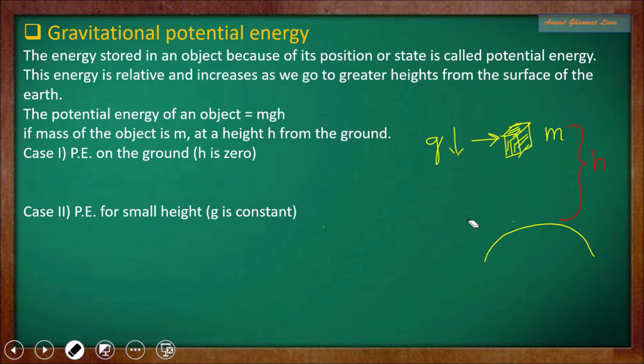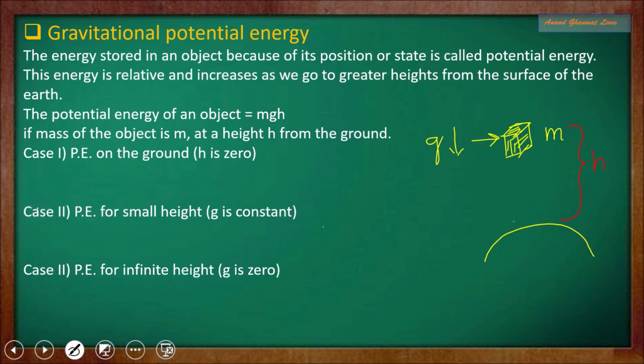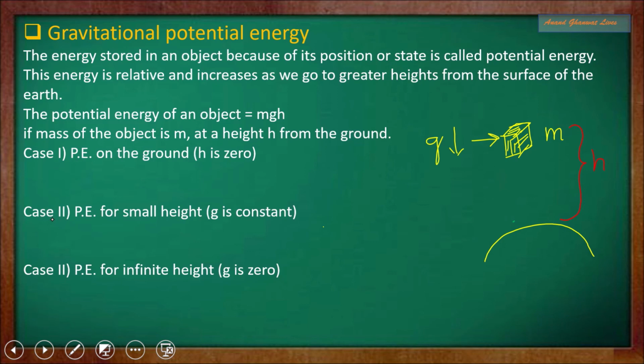Let us see third case. Potential energy for infinite height. So now object is at infinite height, at large height. So for infinite height, h is equal to infinity.